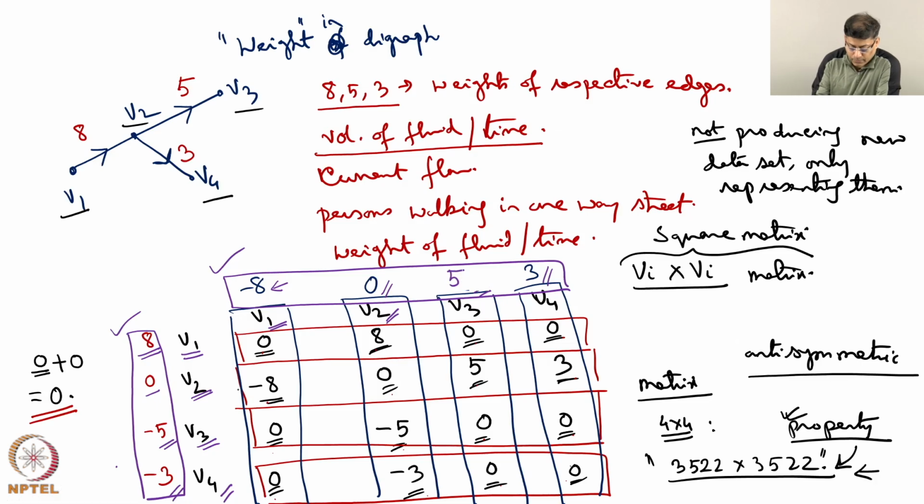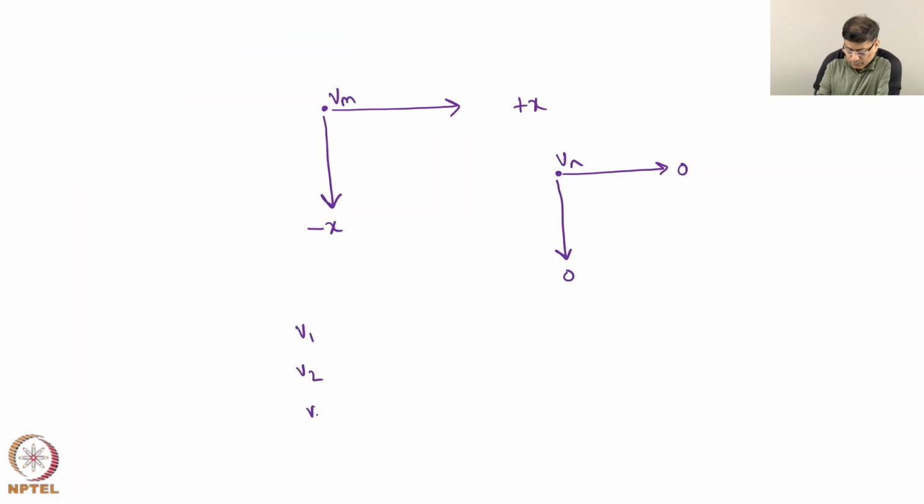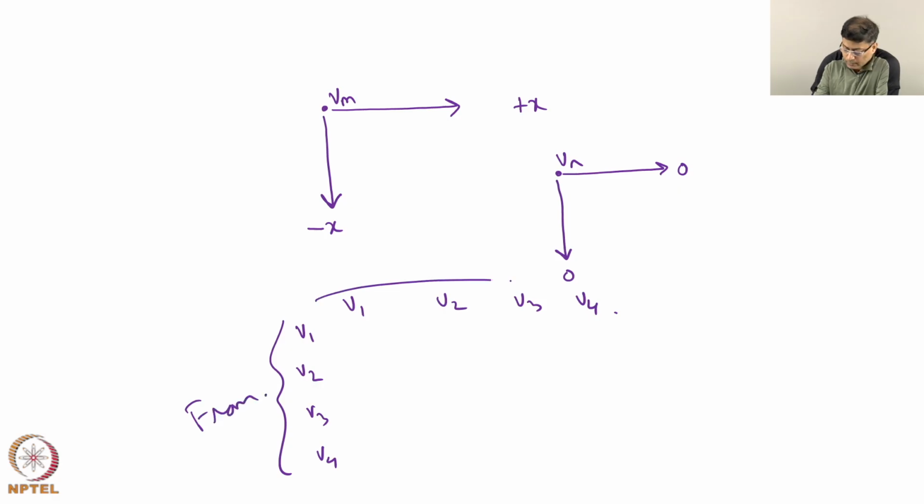For example, when we are summing the V1 elements, here it was V1, V2, V3 and V4. This is the from side and this is the to side. So, from V1 to V1, from V1 to V2, from V1 to V3 and from V1 to V4.